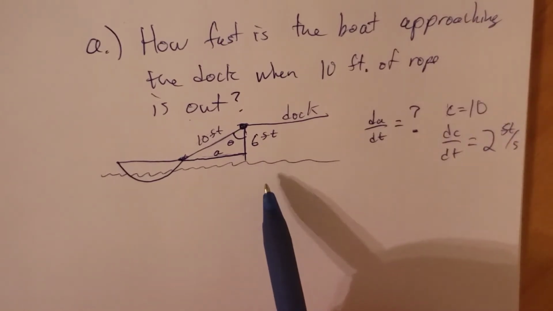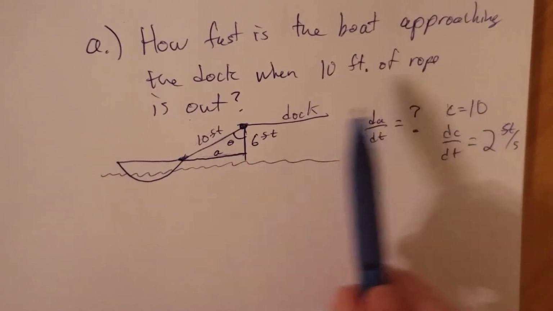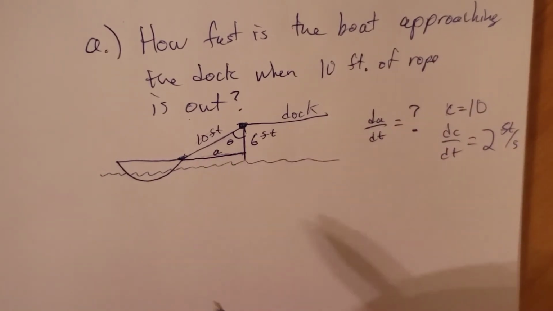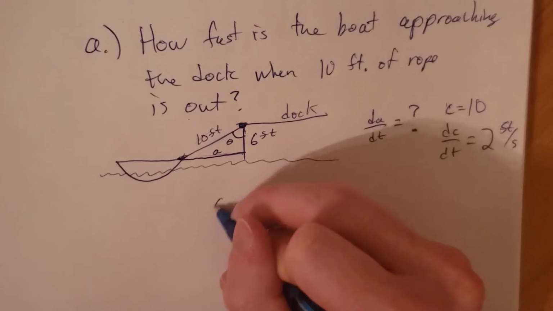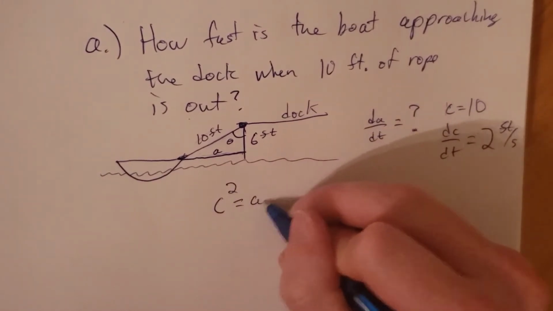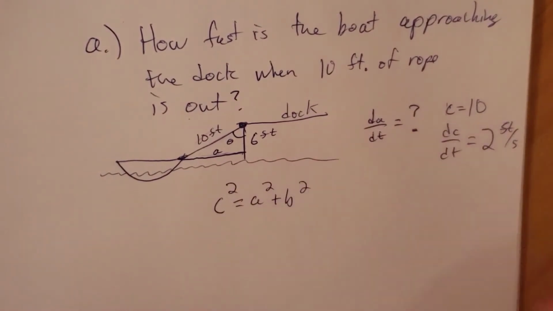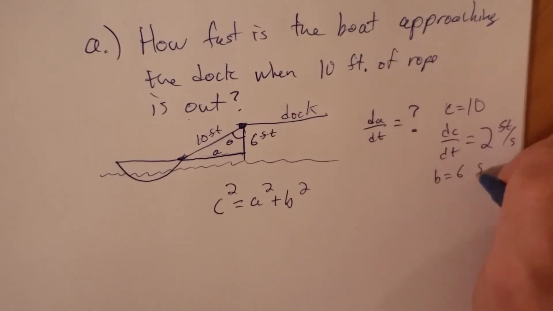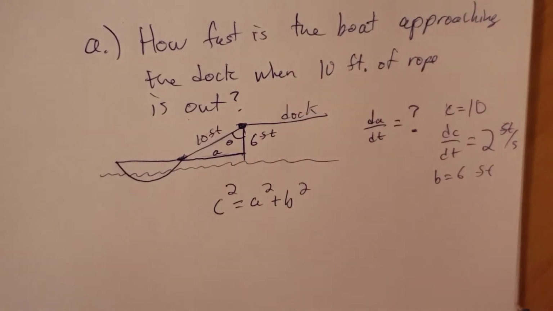And then we need to find a formula that relates all of this information. Well, how about we just use the Pythagorean theorem? So c squared is equal to a squared plus b squared. So b here would be our 6 feet. And let's see if we can solve this problem.